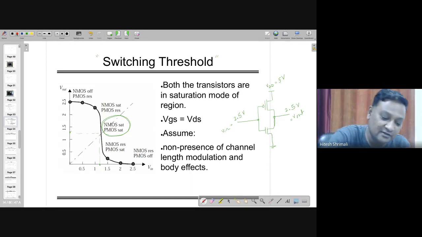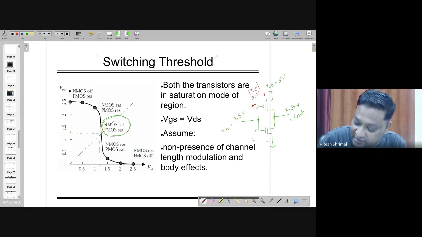If you look at the gate side of the PMOS, this is equal to 2.5 volt, right? Because mod of VSG is equal to VGS, and in this case again it's 2.5 volt. If I'm looking at VDS, both sides it's 2.5 volt.